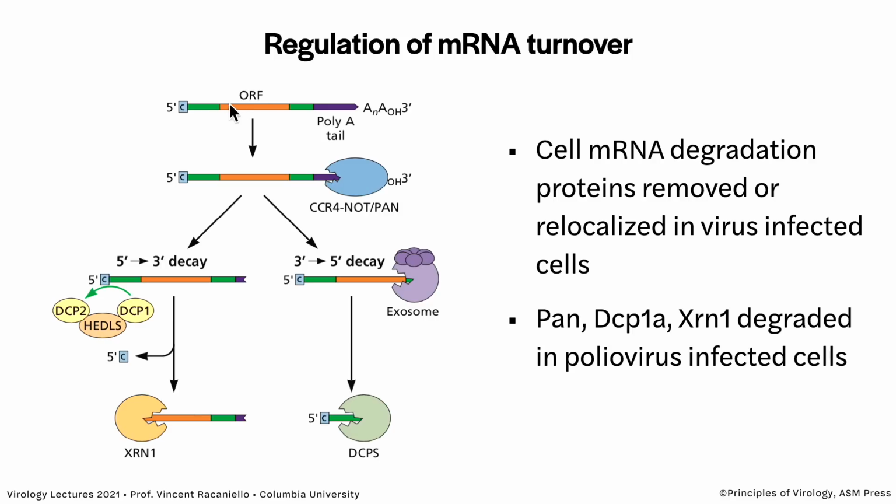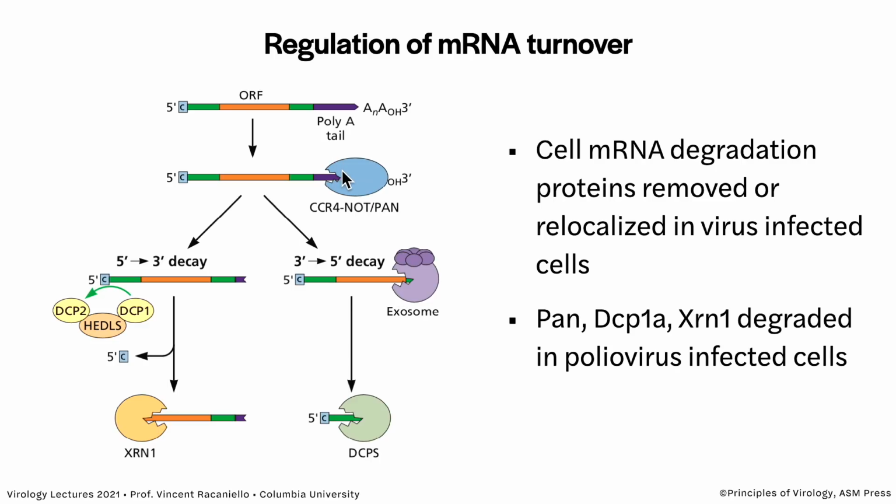So here we have a cellular message, and here we have a cellular protein, CCR4-Not-Pan, which is chewing the poly A tail off of that message. And then once the poly A tail is gone, this message is recognized by an exosome, which degrades the message and gets rid of it.